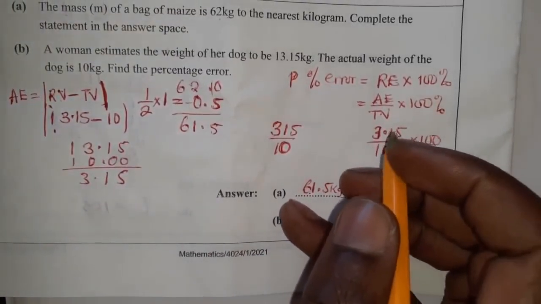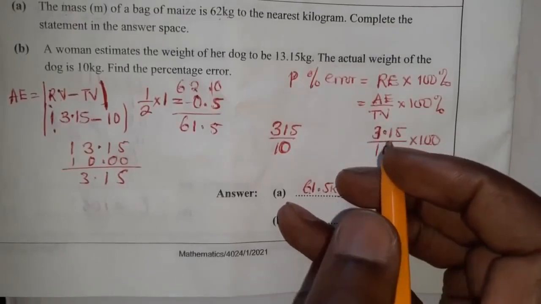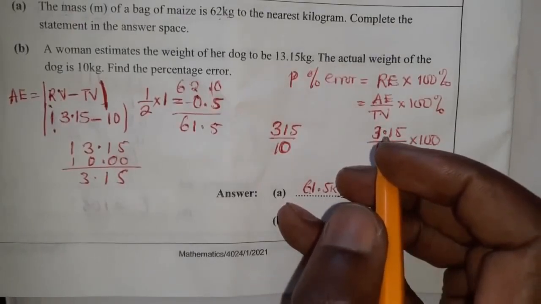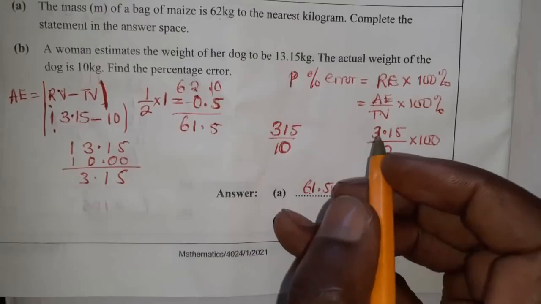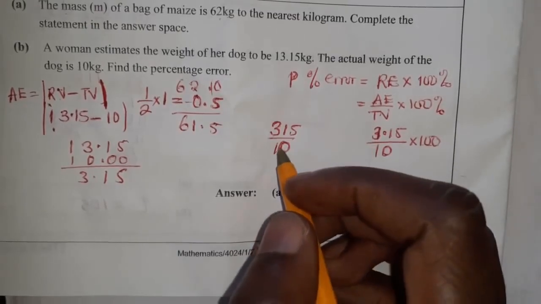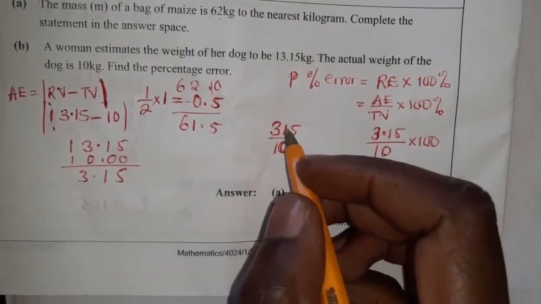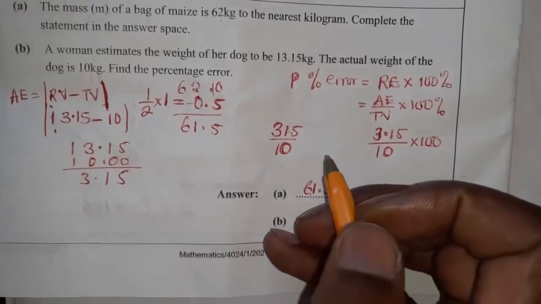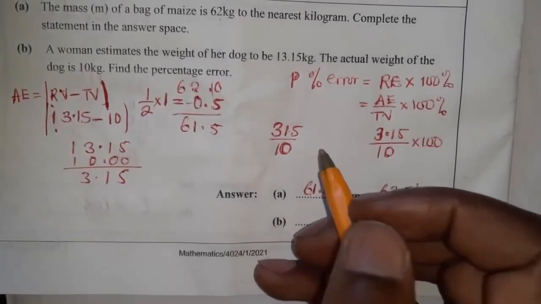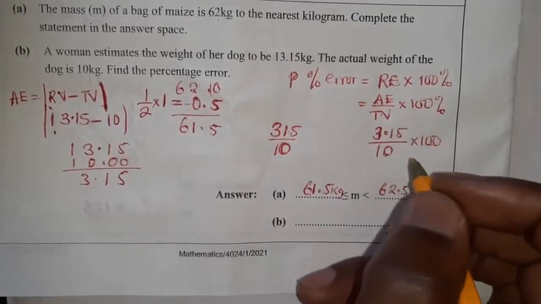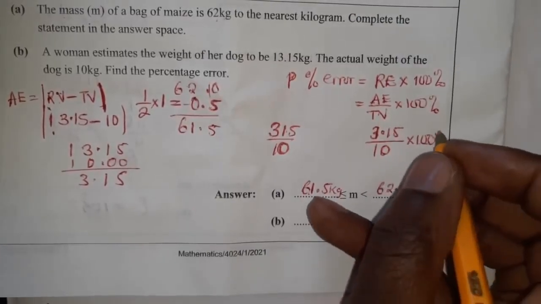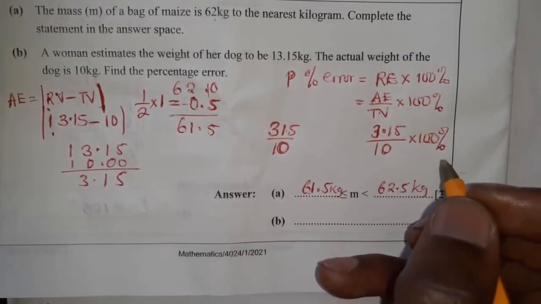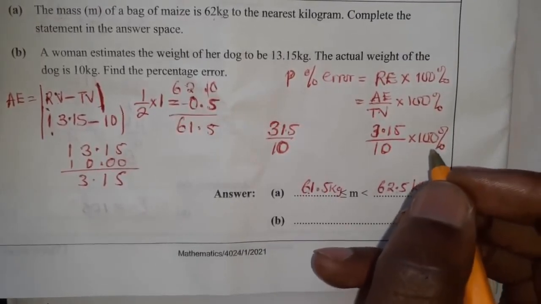That is what we are going to get. Then now we need to ask ourselves, how many times can 10 go into this number? Don't forget that here we are dealing with a percentage.